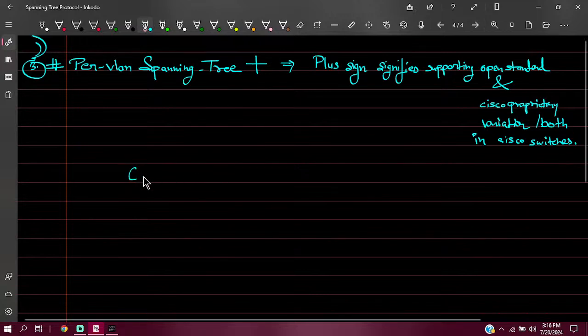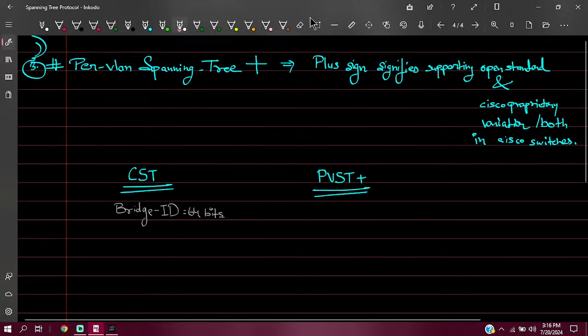So guys, हमने देखा common spanning tree and then we saw the per VLAN spanning tree, or let's say the PVST plus, one and all same thing. Common spanning tree में आपके पास जो bridge ID था, your bridge ID here was of 64 bits, right? Don't worry.